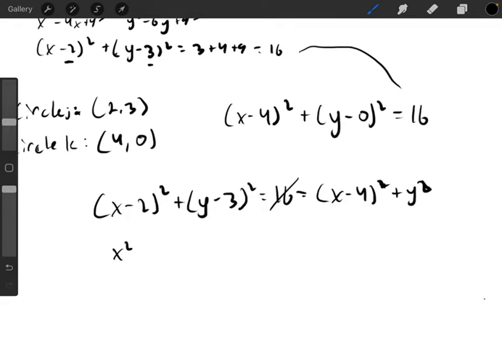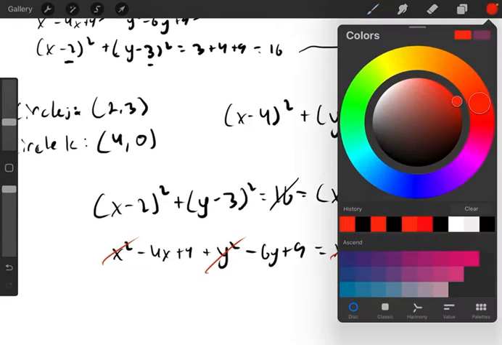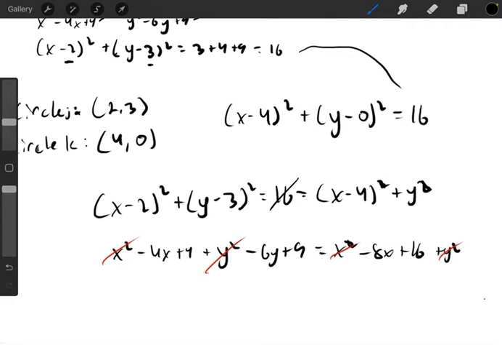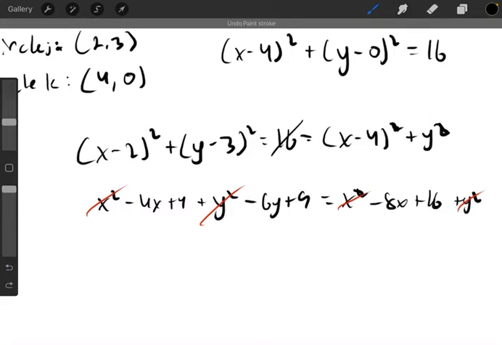This expands to x squared minus 4x plus 4, plus y squared minus 6y plus 9 equals x squared minus 8x plus 16 plus y squared. I know it's a shame we have to re-expand, but it's okay. Something that's very nice is that the x squareds cancel out and the y squareds cancel out. And if you don't notice already, this is now a linear equation.